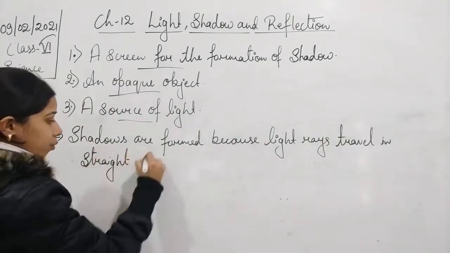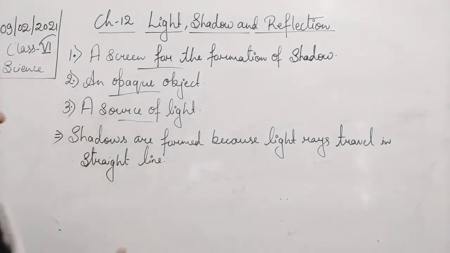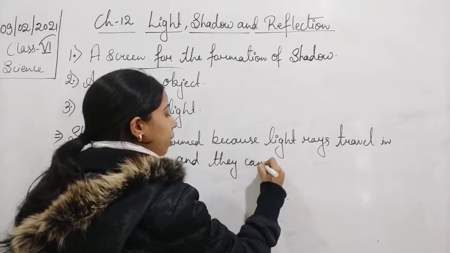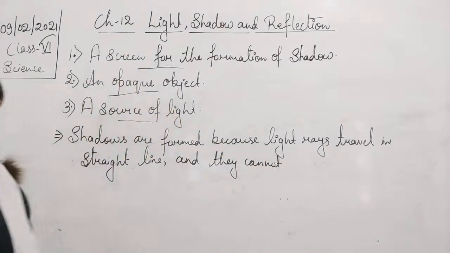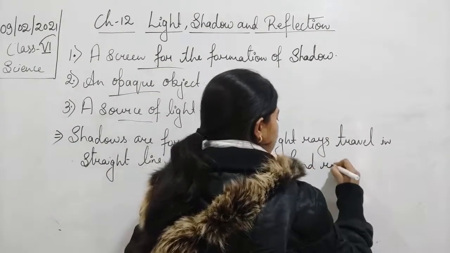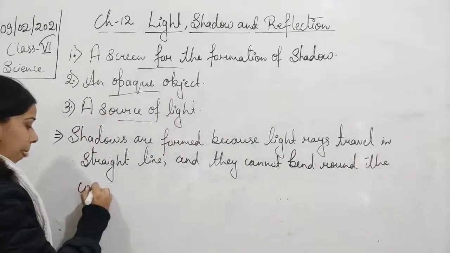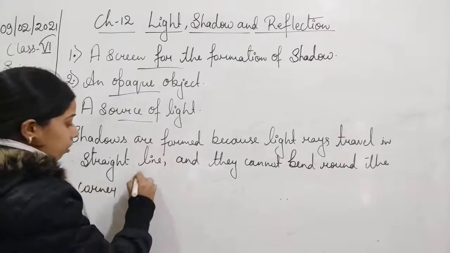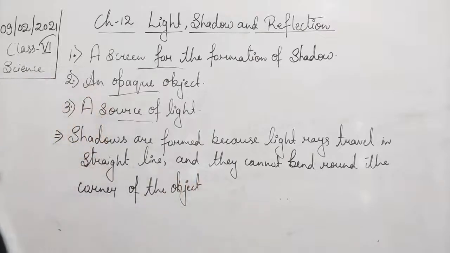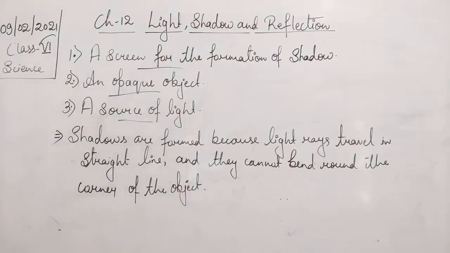Okay, they travel in a straight line, and they cannot bend around the corners of the object. So a shadow will be formed.